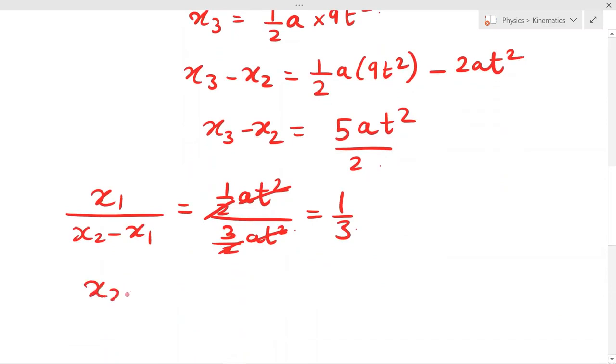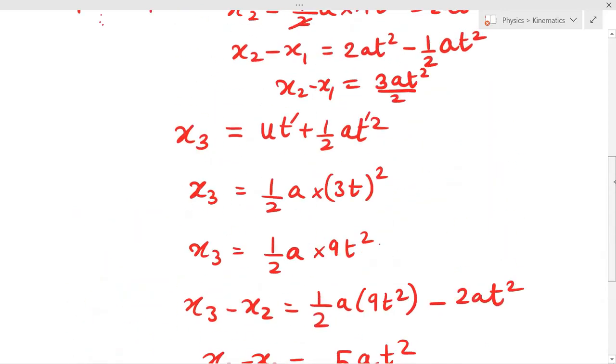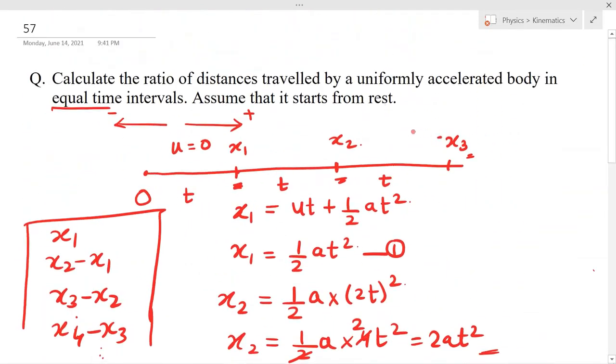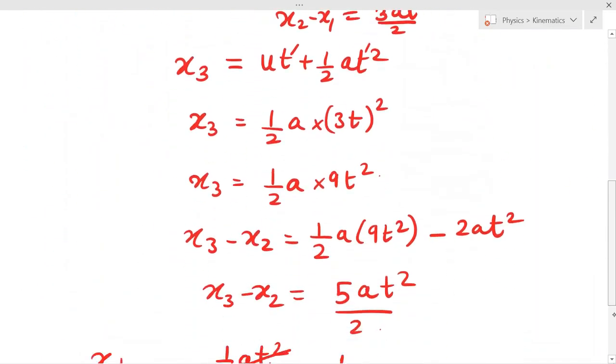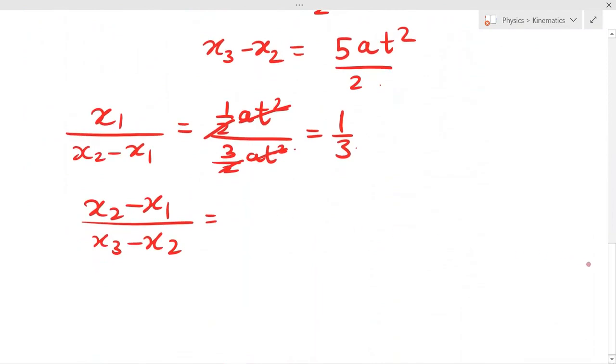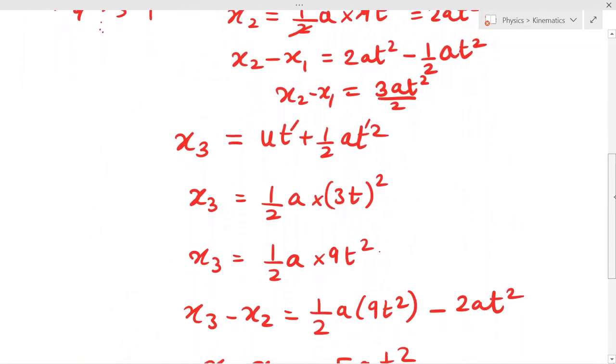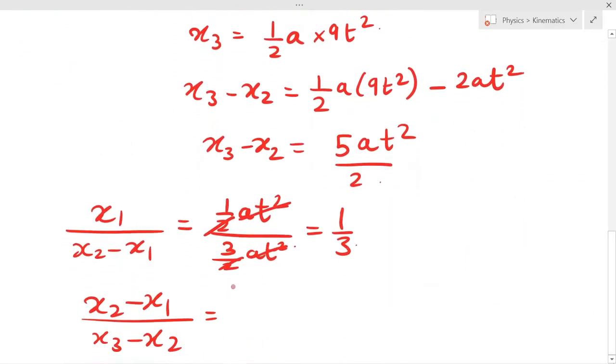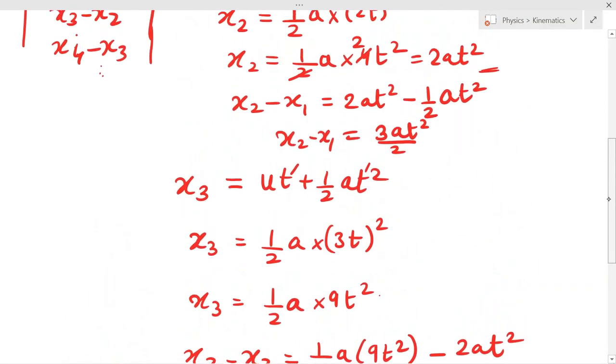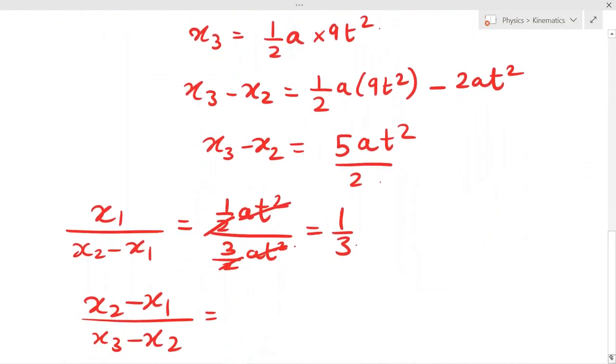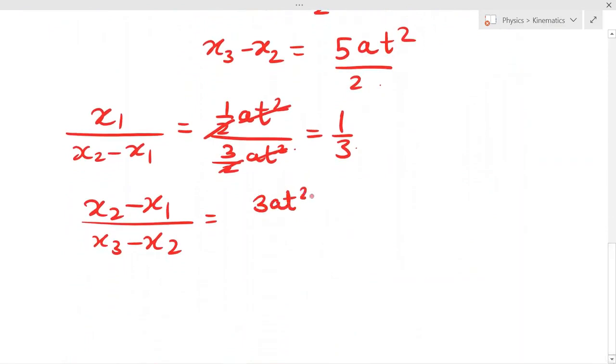Now let's take x2 minus x1 divided by x3 minus x2. So the ratio of these distances, x2 minus x1, this distance, divided by x3 minus x2, that is this distance. So what will it be? x2 minus x1 is 3at square by 2 divided by x3 minus x2, which is 5at square divided by 2.